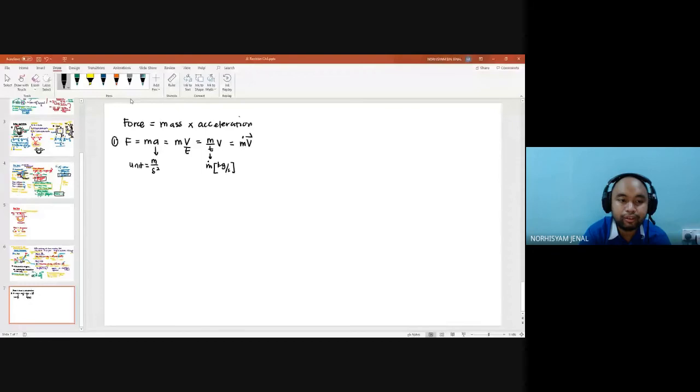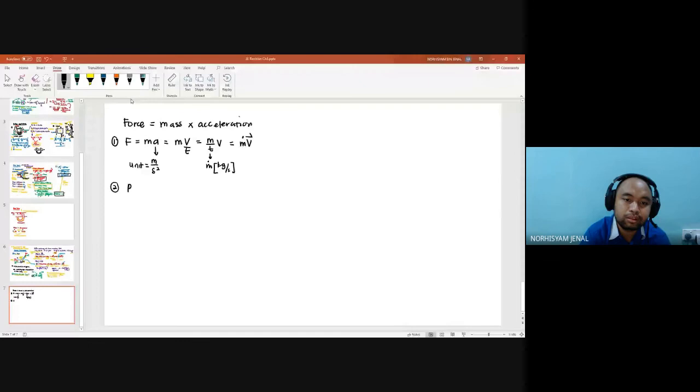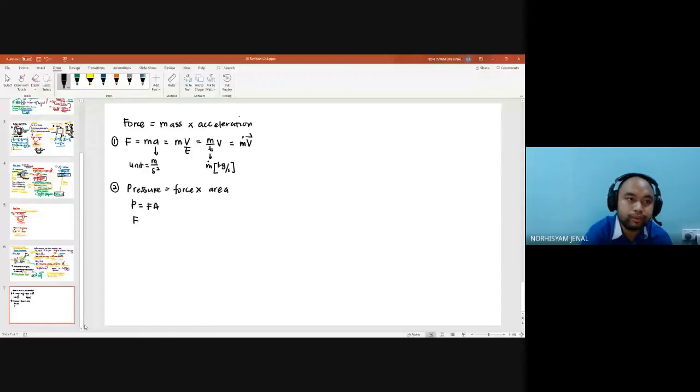That's the first part. The second part is pressure, which is equal to force divided by area.